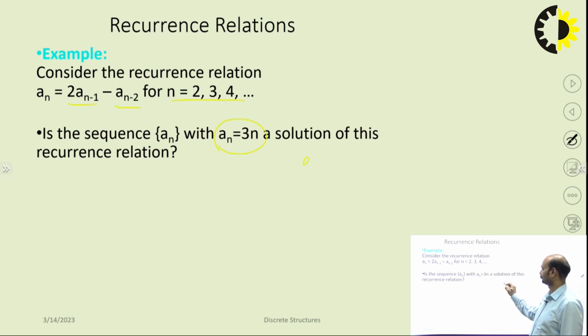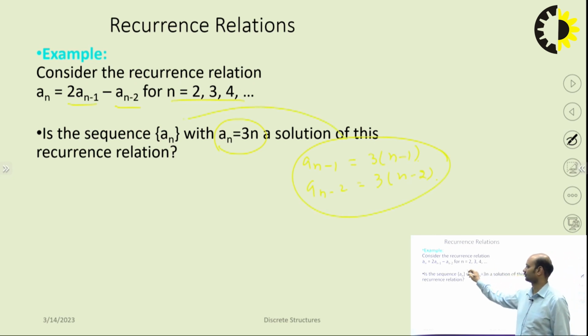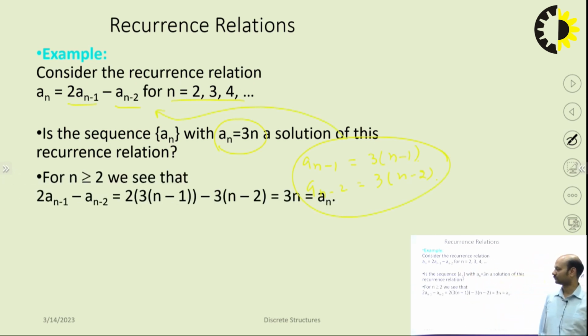We substitute an minus 1 is equal to 3 times n minus 1, and an minus 2 is equal to 3 times n minus 2. Putting these into the equation, we get that an is equal to 3n.